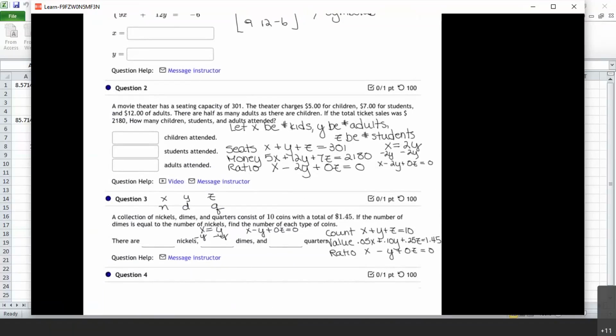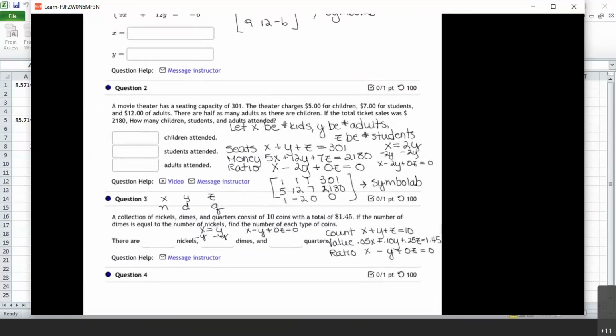Again, we have a matrix that we created from our equations. And we're just going to solve that with Symbolab. The only thing that was hard about this one is getting that last equation correct. All right, so we're good with that one.